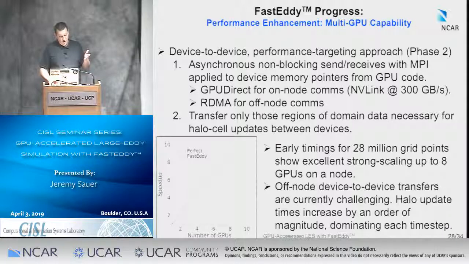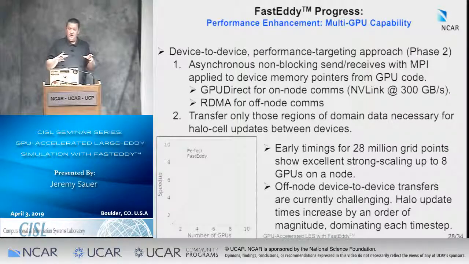This was early timings for 28 million grid point simulations, so that's 7 times bigger than the original simulations I showed you early on. Our hiccup is, right now on Casper, the off-node GPU to GPU device transfers are not performing well at all. They are an order of magnitude slower than on-node.